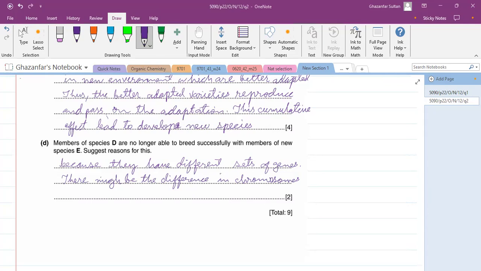And it could be another reason. There might not be sexual attraction, or sexual incompatibility.